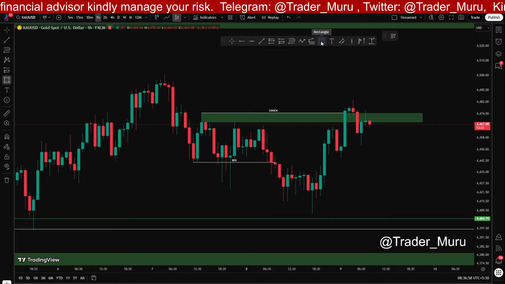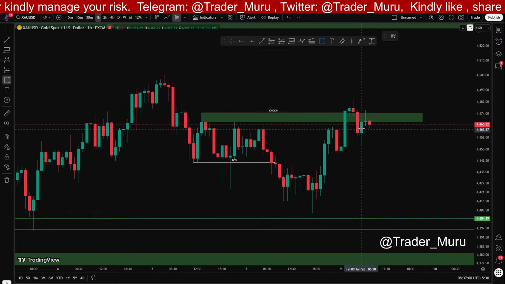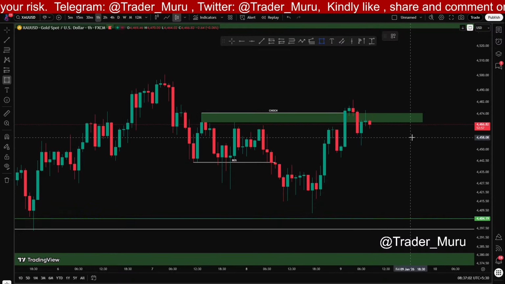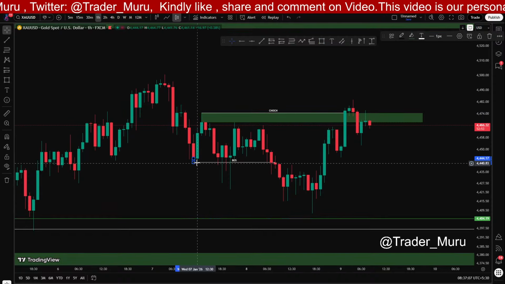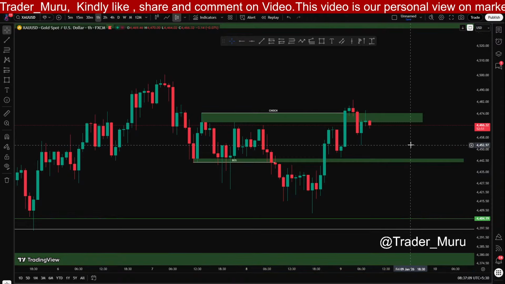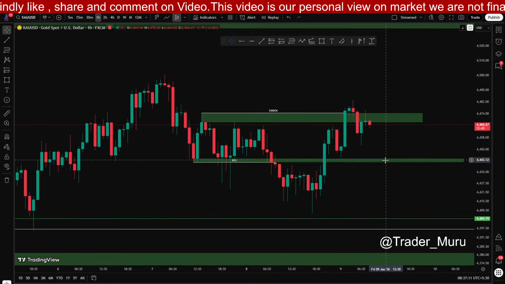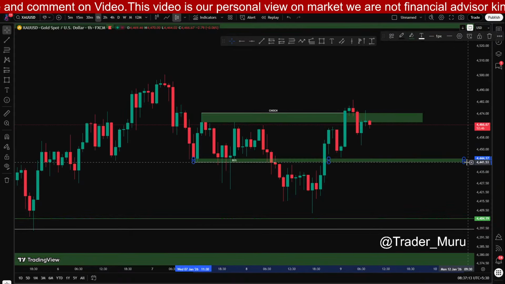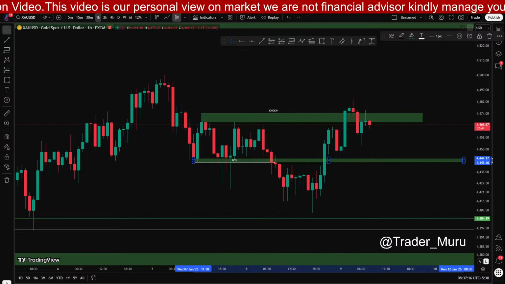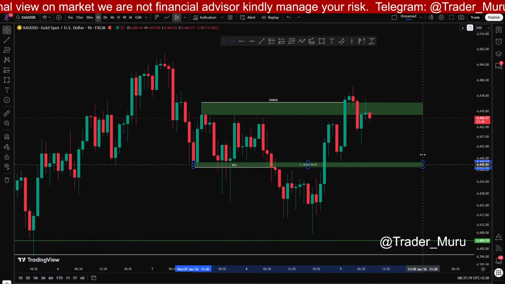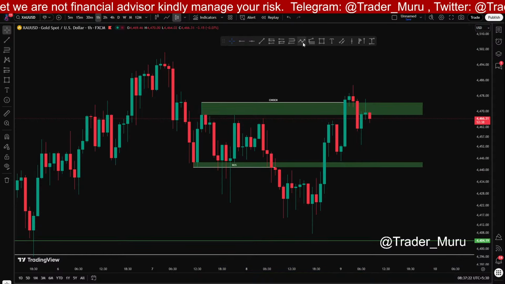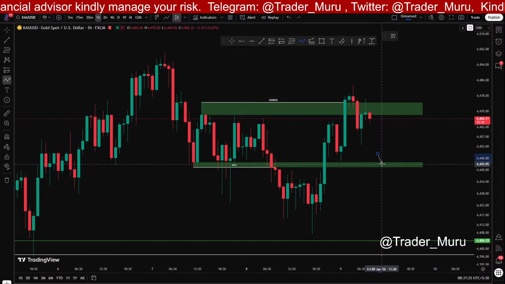So price usually goes for QML areas if the breaker block doesn't hold, then this is our QML zone. So price can go for this area around 4444 to 4441. So our priority will be to watch for a buy from here.